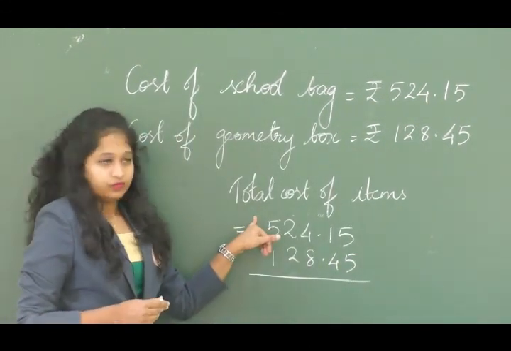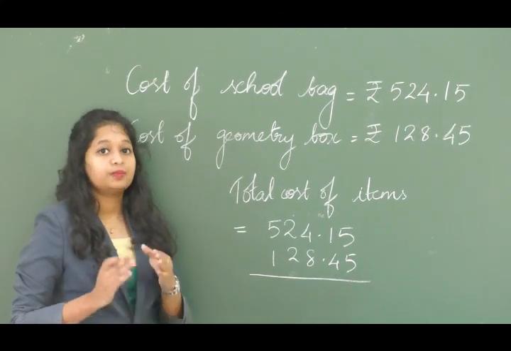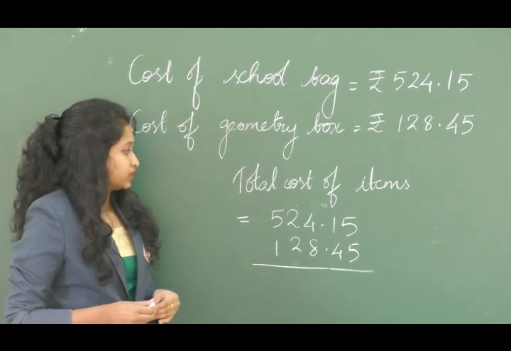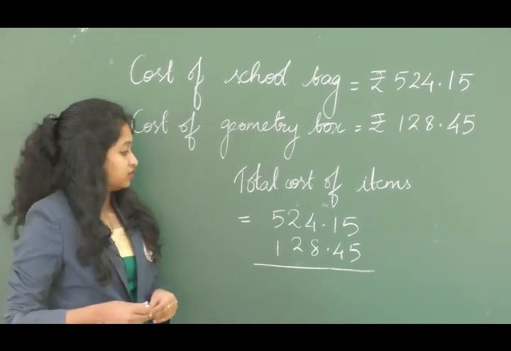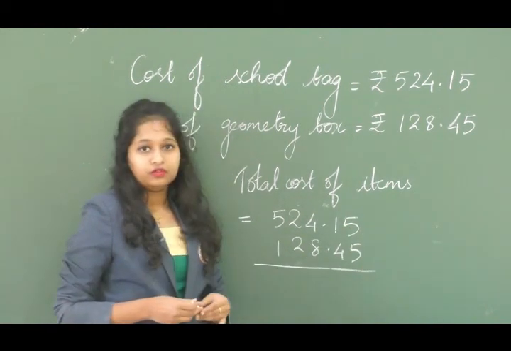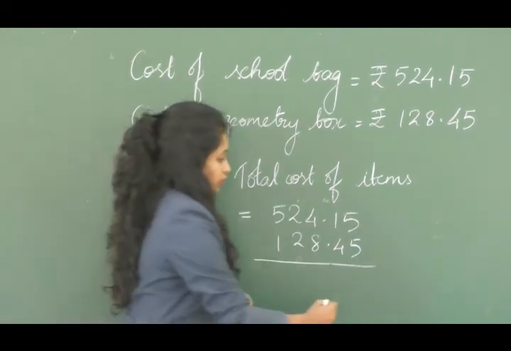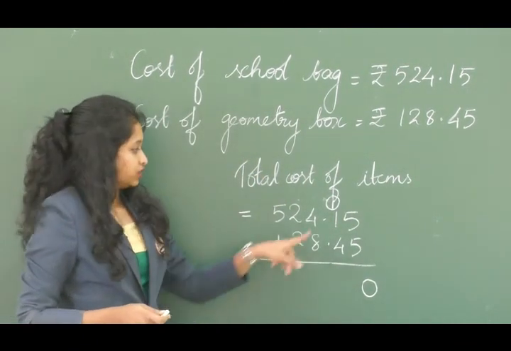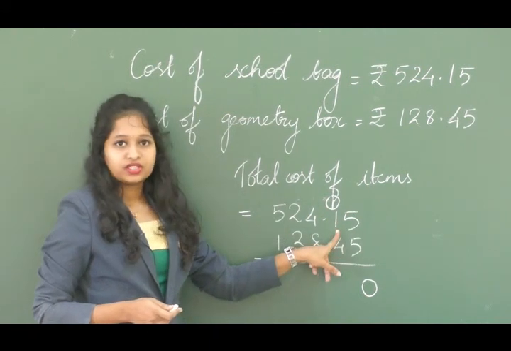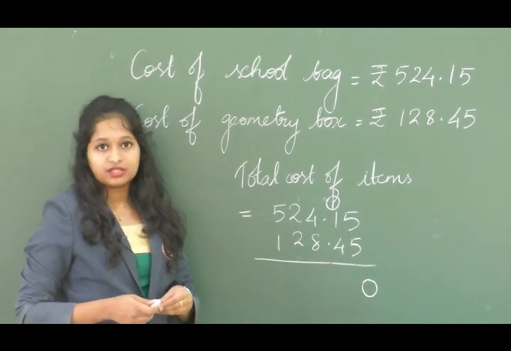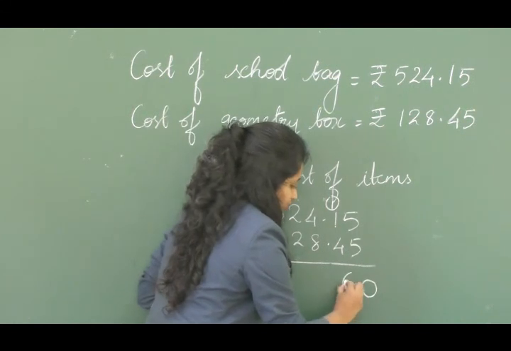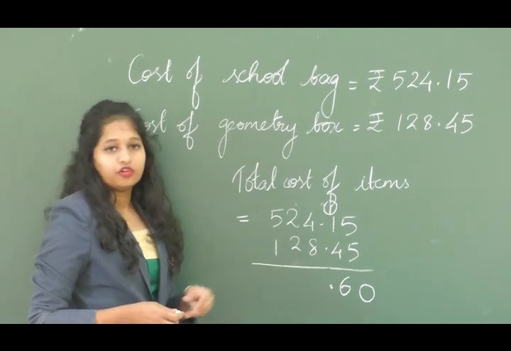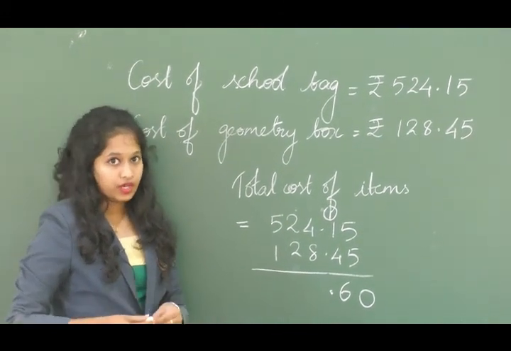So, when you add, remember to place the point in a line, okay? And now let's start to add. So 5 plus 5 is 10. Place 0 here and 1 as carry. Now add 1 plus 1 is 2, 2 plus 4 is 6. Write 6 here and place the point. Now add 4 plus 8 is 12.